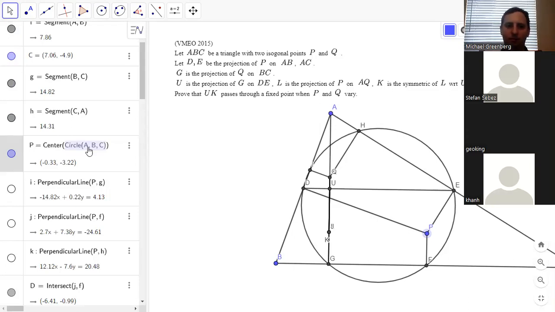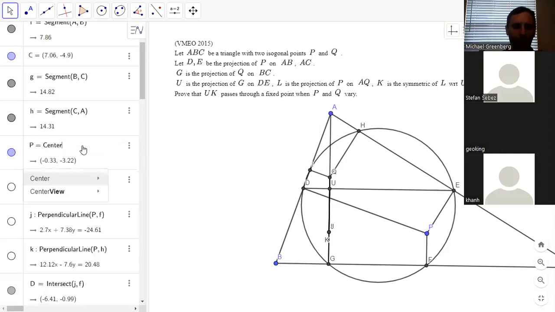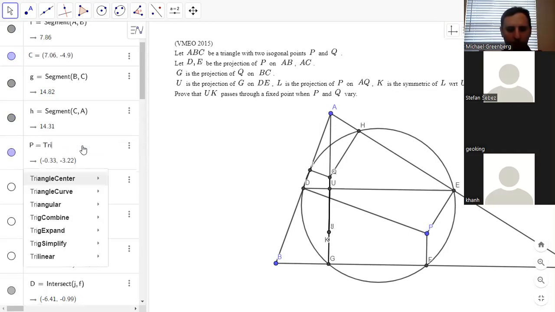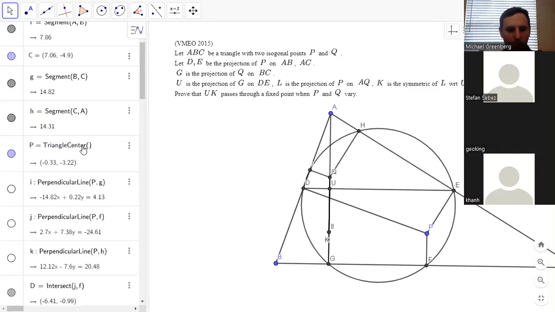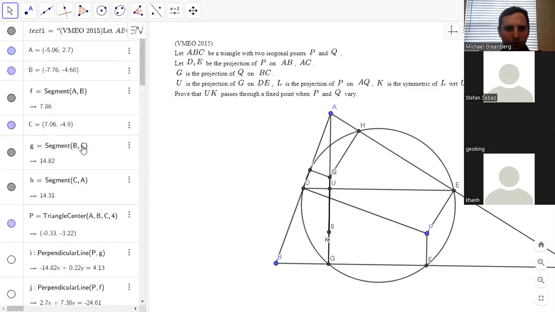So now let P be the orthocenter, and I think we will know what the point is. Okay, so triangle center ABC 4. The orthocenter, not the center of triangle. Oh, the orthocenter of ABC, right?